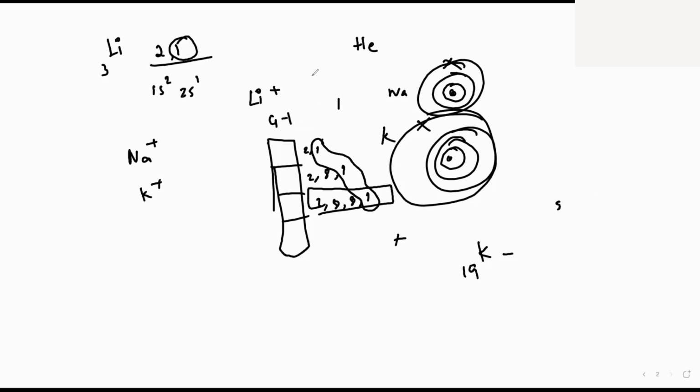And then right after is 3s2, and then 3p6, one, two, three, four, five, six. And then you go into d.